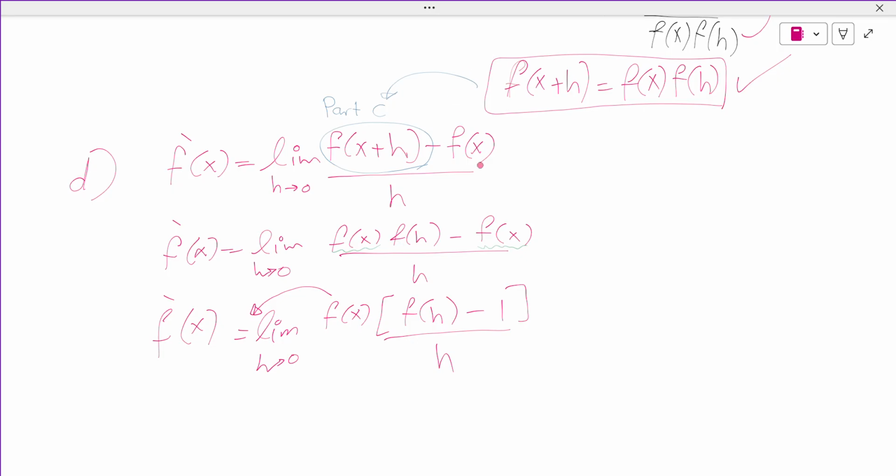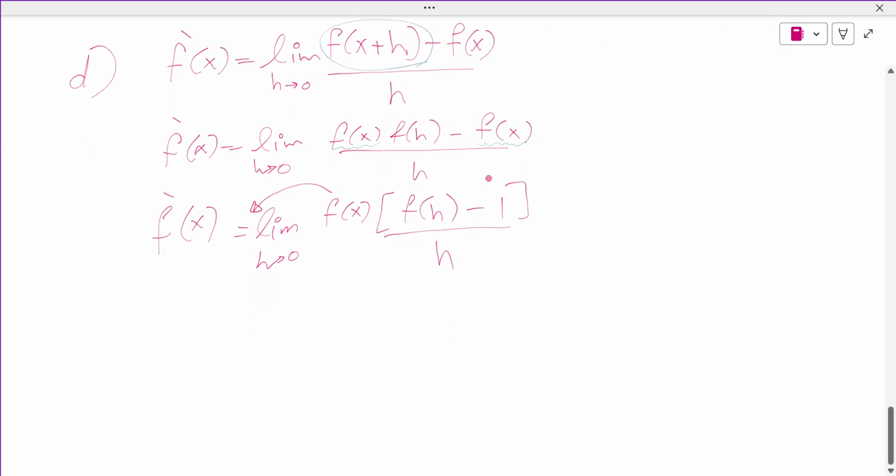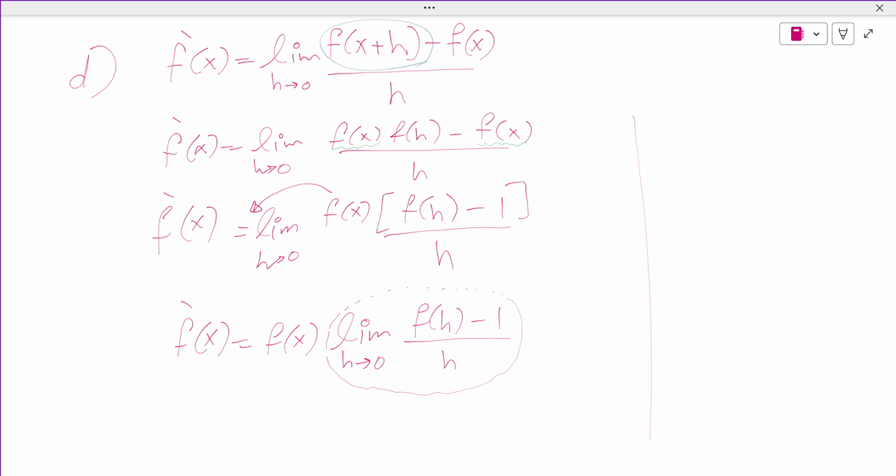We can write f prime of x equals f of x times the limit of f of h minus 1 over h as h approaches 0. So what does this limit represent? Okay, let's do something here and then we'll come back to this limit.